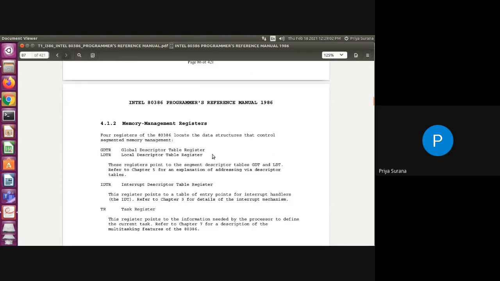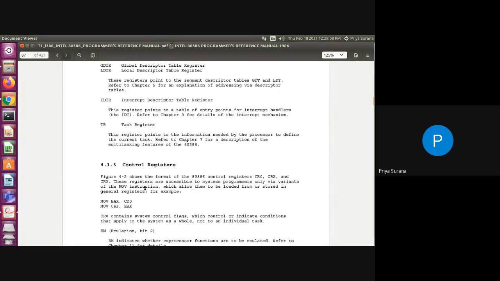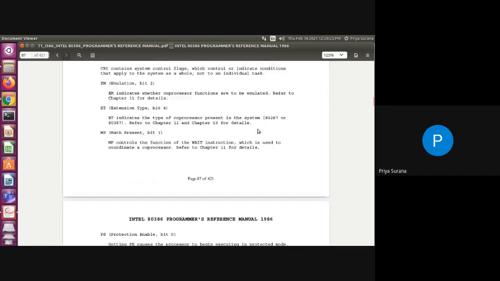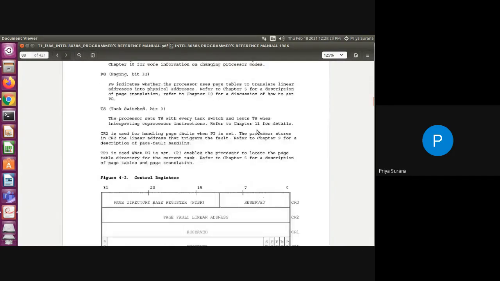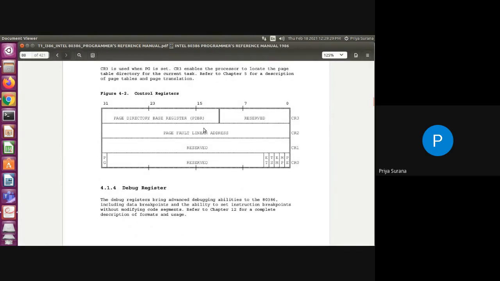Next is related to control register. Four control registers are there: CR0, CR1, CR2, CR3. CR1 is not mentioned because it is reserved. Other control registers we already discussed. I showed you the diagram of how the bits of control registers are divided and how they work.